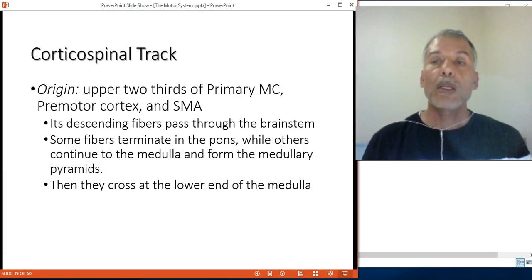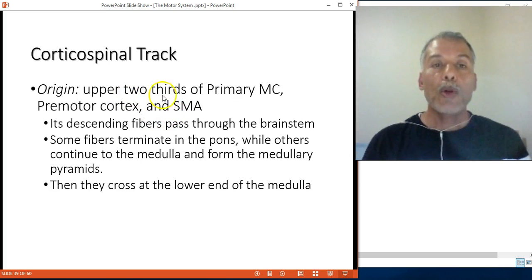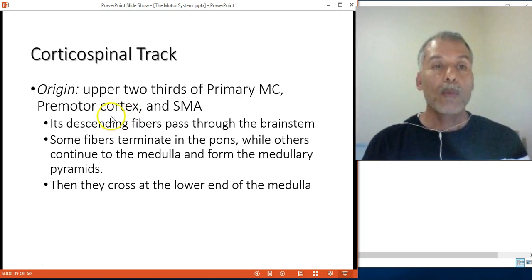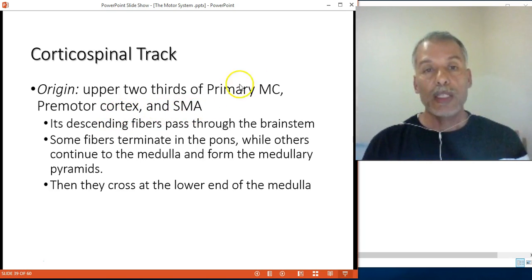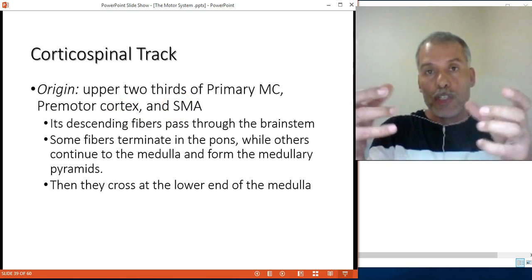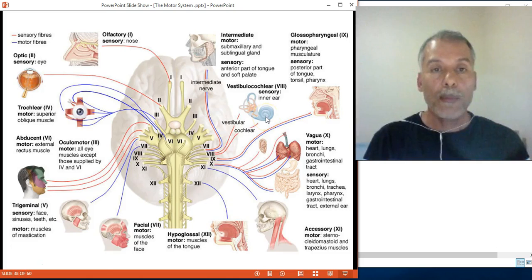The corticospinal tract, again, we're not going to spend too much time on it because it is mostly for the lower part of the body. The upper two-thirds of the primary motor cortex, the premotor cortex and the somatosensory area together give origin to this tract, because let's go back and look.